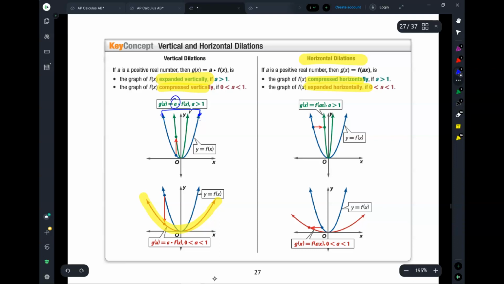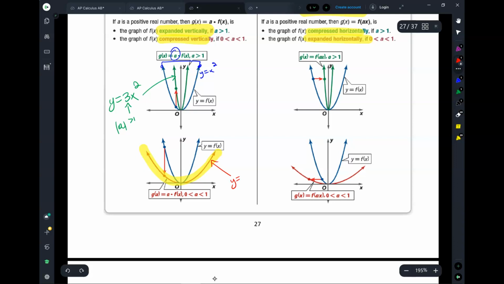So for example, if this is y equals x squared, this one will be y equals 3x squared. You see, this number is greater than 1. That's a. The absolute value of a has to be greater than 1.